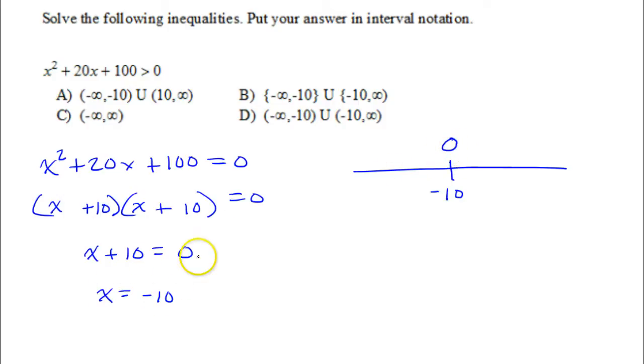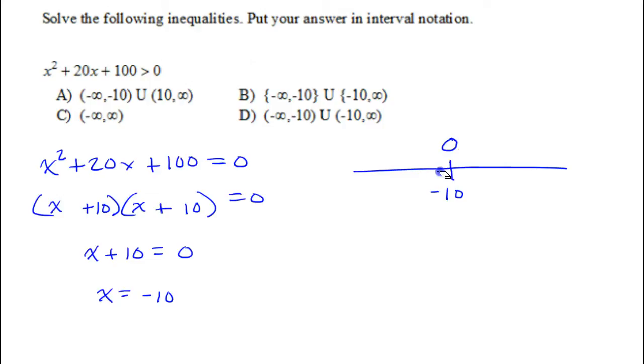And -10, we got that by setting the equation equal to 0. So -10 is a value that will cause the function to equal 0. We only want values that will cause the function to be greater than 0. So we won't include this, so we will leave it an open circle. If this had been greater than or equal to instead, then I would have made a closed circle.